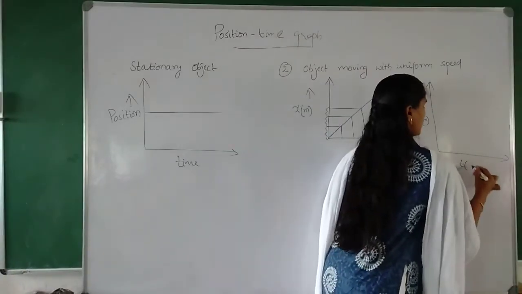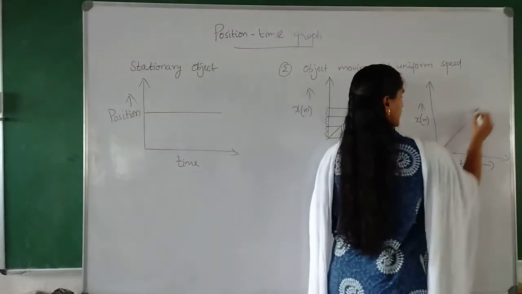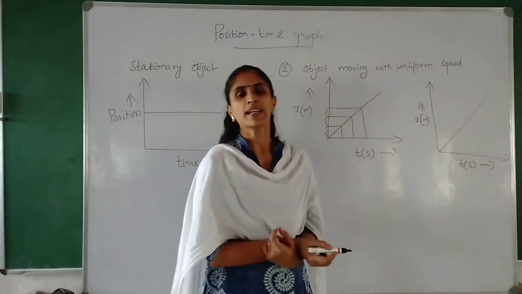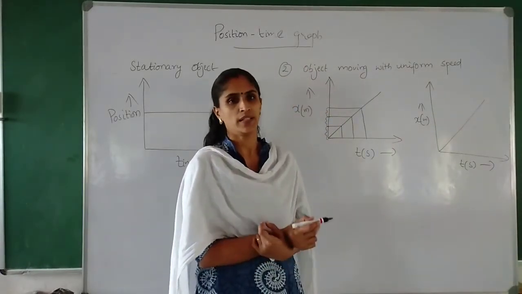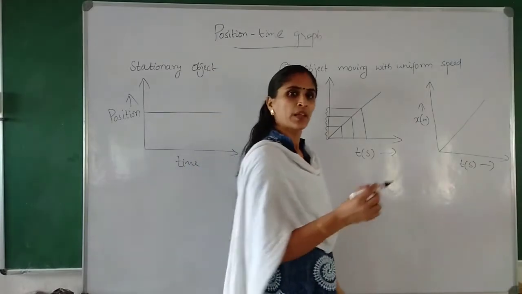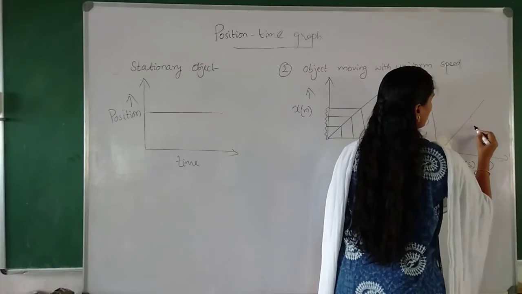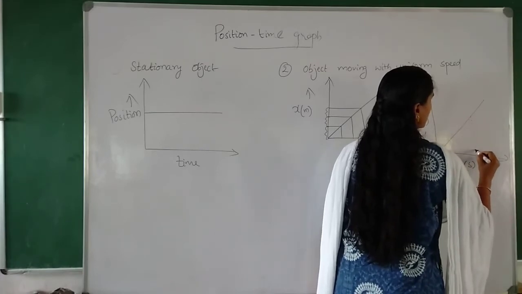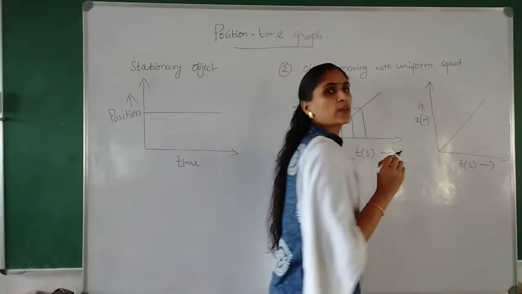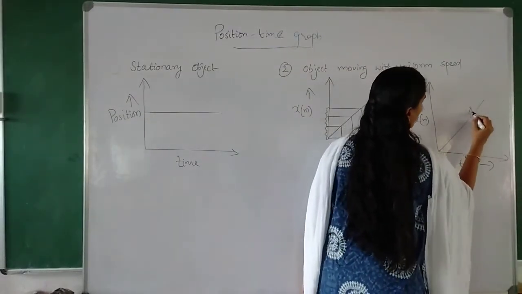And time, here it is, the graph is like this. How to find the speed or velocity? Okay, so here speed or velocity we can find. How we can find? We can draw a straight line perpendicular to the time axis, and we can mark it as OA.